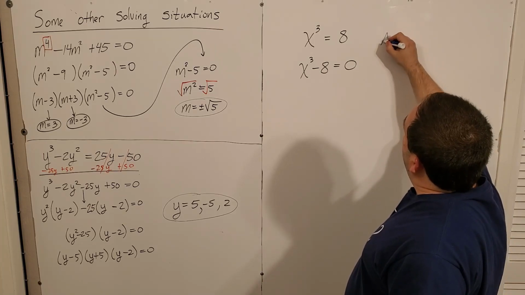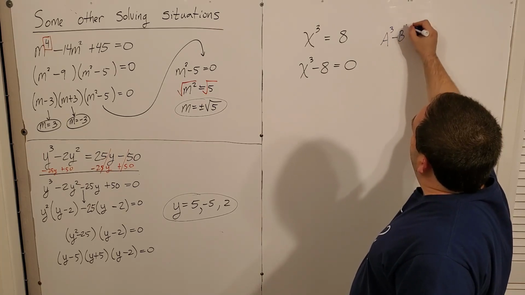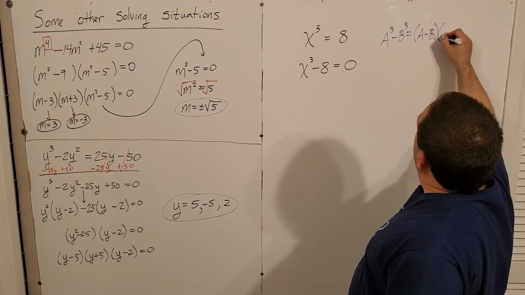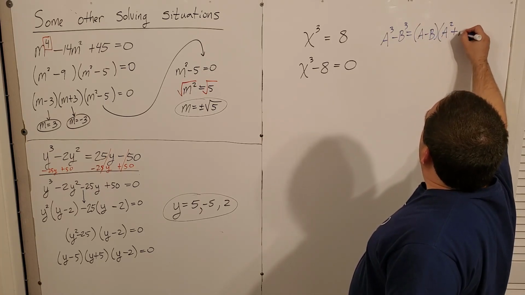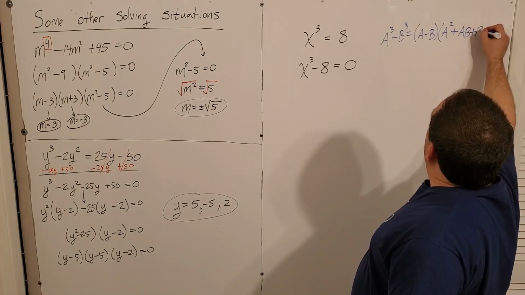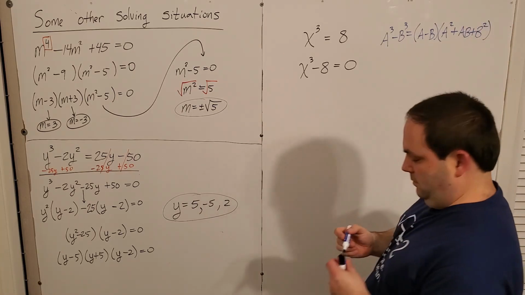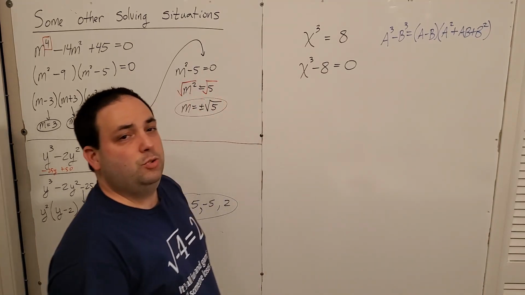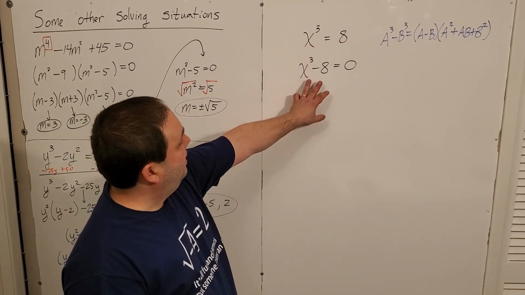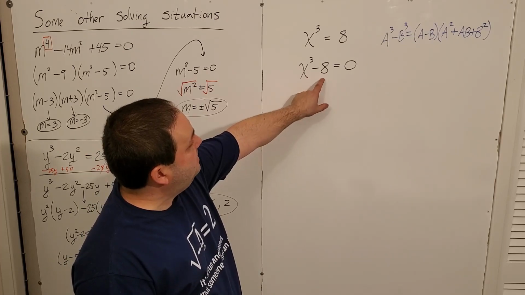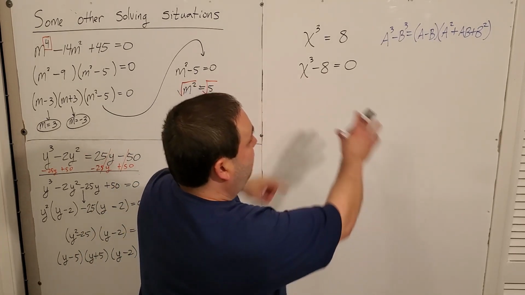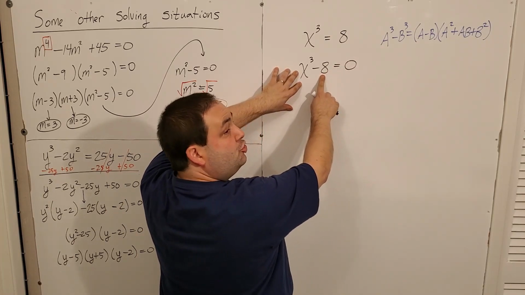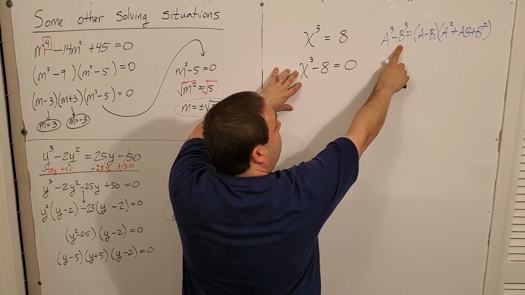The difference of cubes, a cubed minus b cubed, is equal to a minus b times a squared plus ab plus b squared. That's one of our factoring methods, the difference of 2 cubes. And I've got that here because 8 is 2 cubed. So for that format, x is my a and 2 is my b.